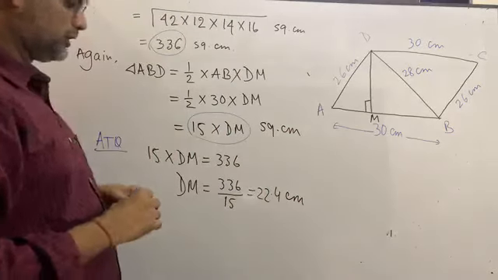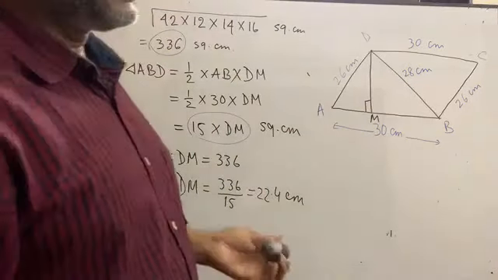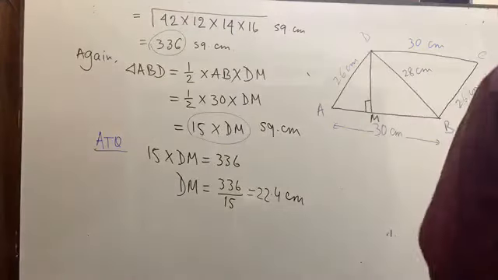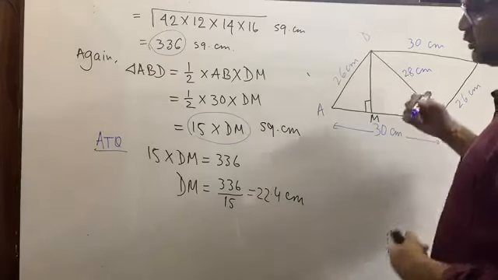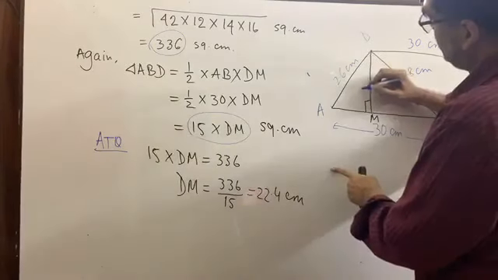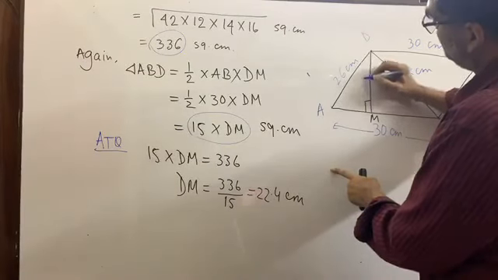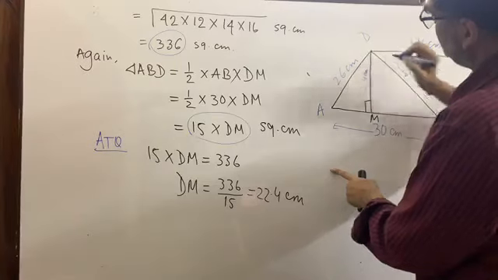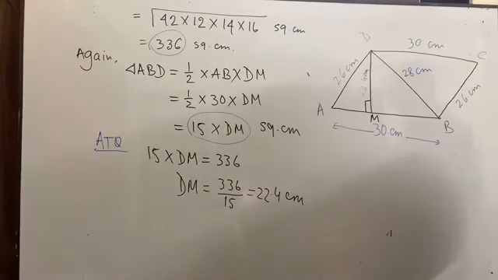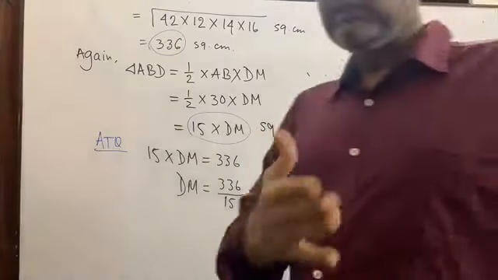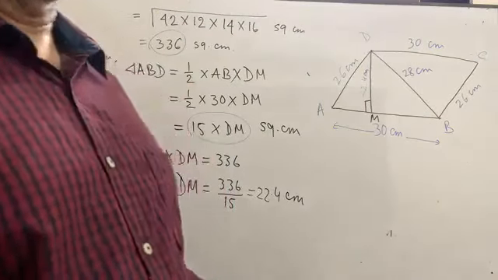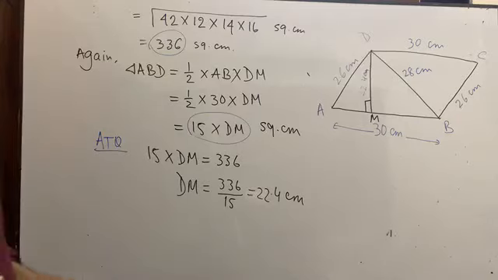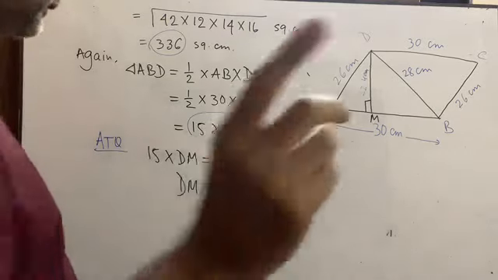Now we have got the height, or distance between two parallel sides. That is 22.4 centimeter. Write down 22.4 centimeter. Now we have got the distance between two parallel sides, or we can call it the height of the parallelogram, as 22.4 centimeter.